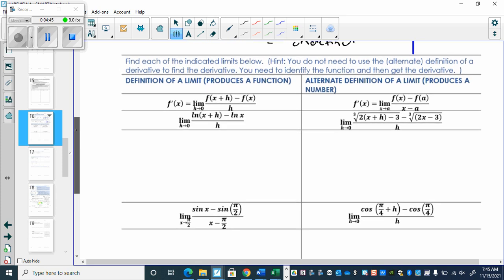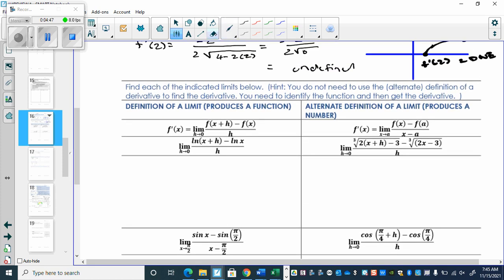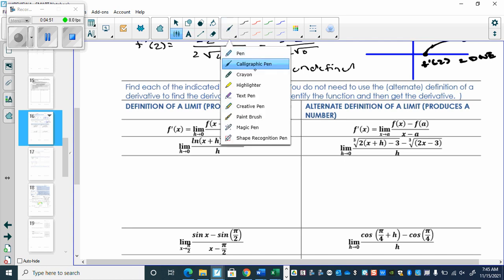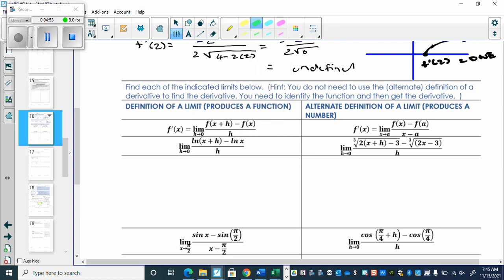So when you're looking at this, the way I determine what I want is right here. 2 minus 3. Okay, also right here and right here.